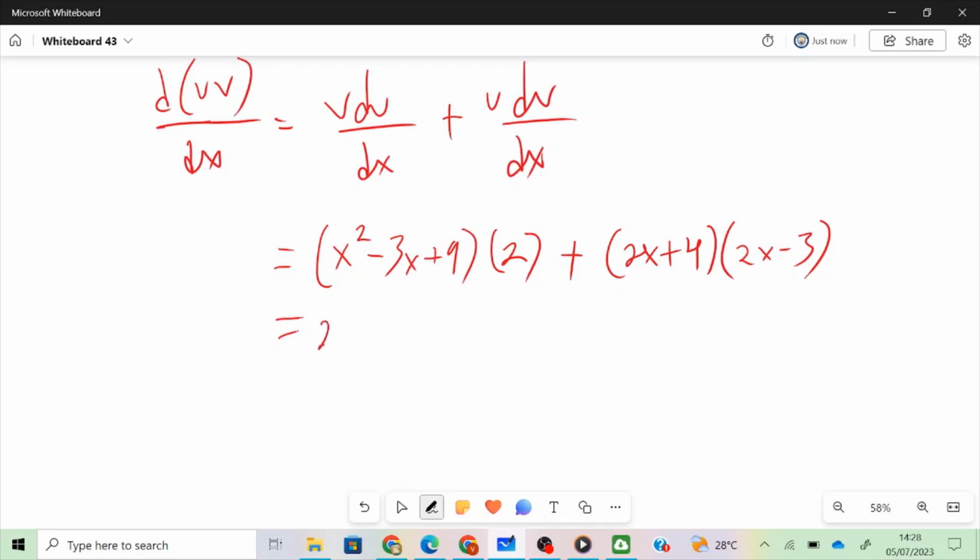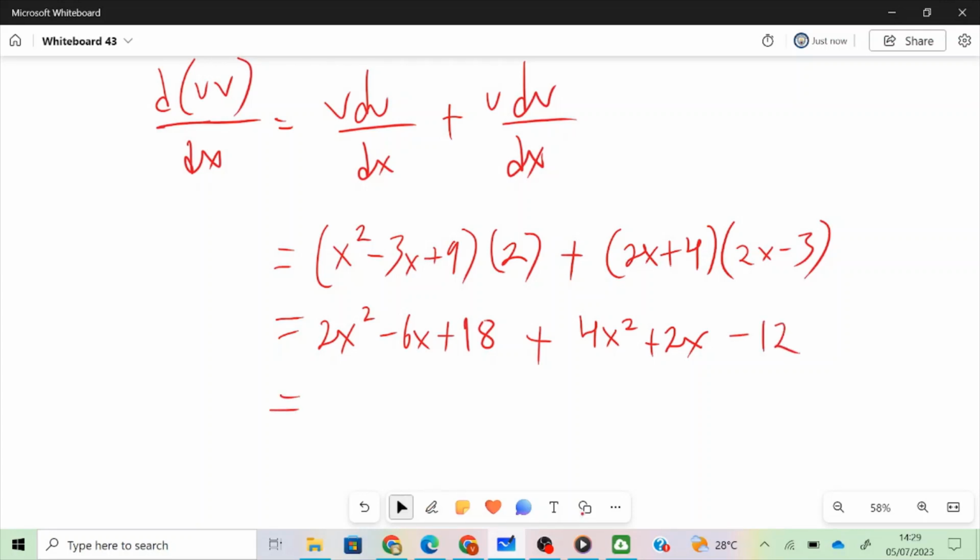So all you do is just expand the brackets and simplify. Expanding this side, we have 2x squared minus 6x plus 18. If you're not comfortable with expansion of brackets, you can also look at one of my previous videos on expanding single, double and triple brackets. And over here, if you expand this, we have 4x squared plus 2x, because 2x times minus 3 is minus 6x, and then 4 times 2x is 8x, minus 6x plus 8x is 2x, and minus 12.